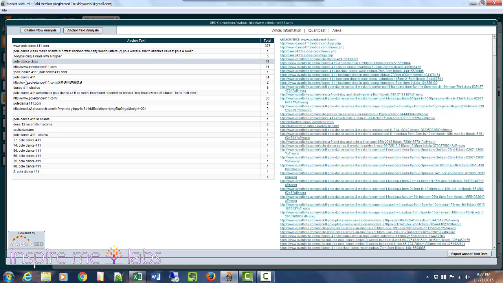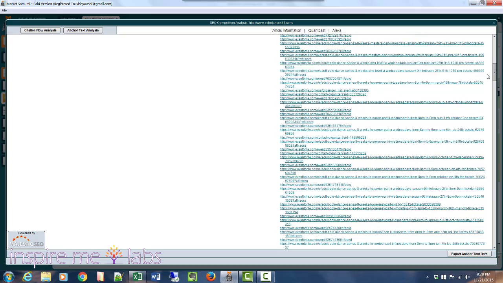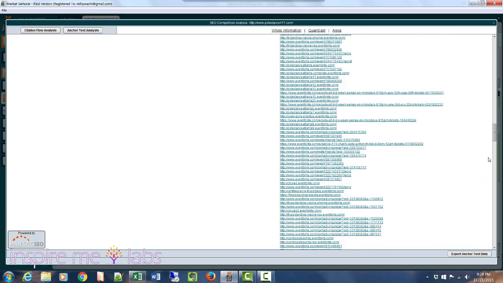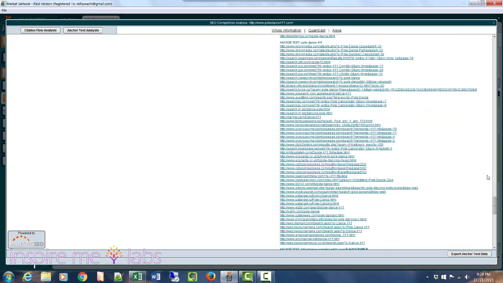Over here on the left, you have all the anchors, and this is the frequency, how frequently these anchors are being used in the backlinks. On the right side, each of these anchors grabs all the backlinks. That's really good if you want to quickly see what kind of links this particular site has been building.